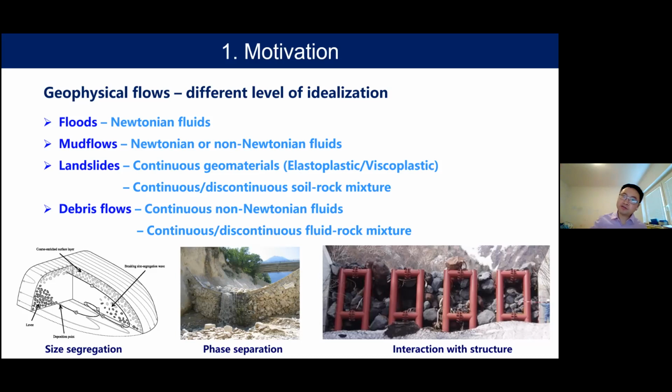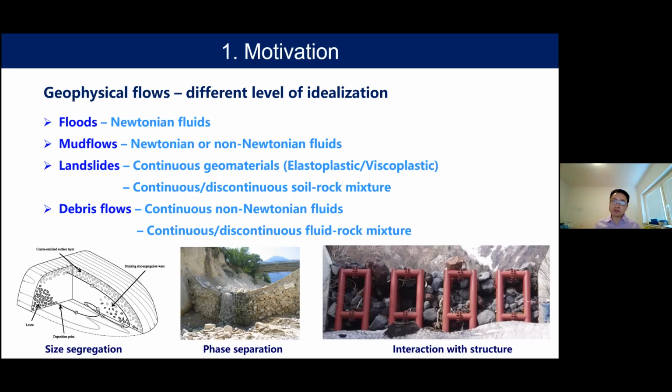But if this landslide has big stones or some structures inside the sliding body, then the continuous assumption is no longer valid. Then we need to combine continuous consideration and the discontinuous method to model the soil rock mixture. Similar things happen for debris flows.